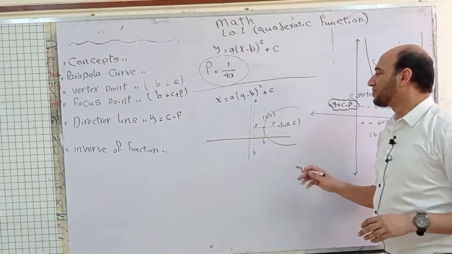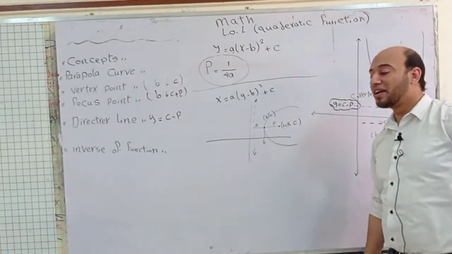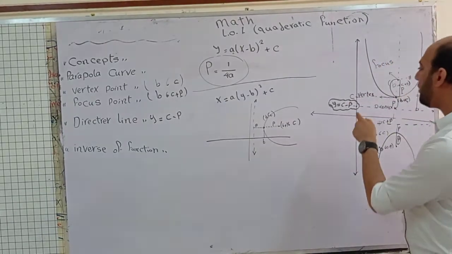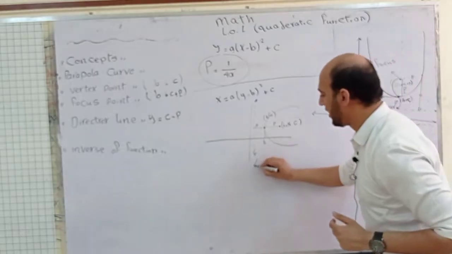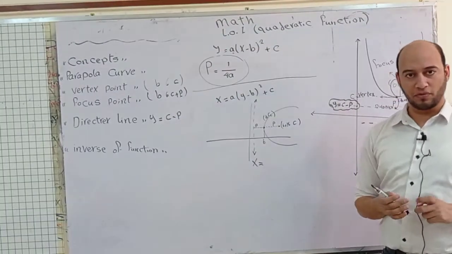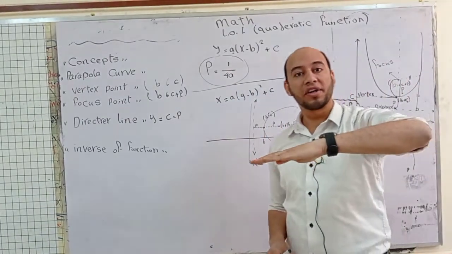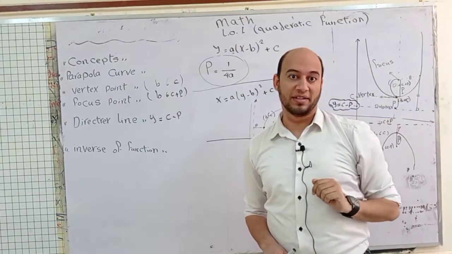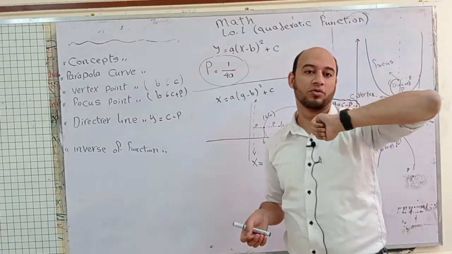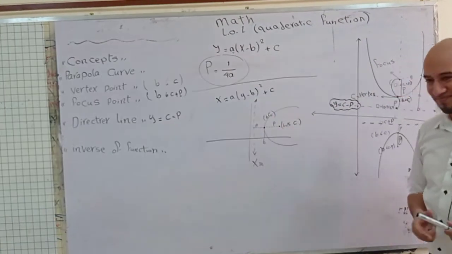Now, the directrix line. The directrix line in this case, in this inverse function, will not be y equal. It will be x equal, because this is the inverse of the function, and the directrix line now is not horizontal, it is vertical. And the equation for the vertical line is x equal a number. What is this number? You can tell me. X equal what?